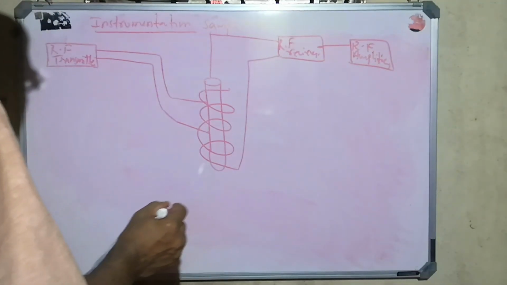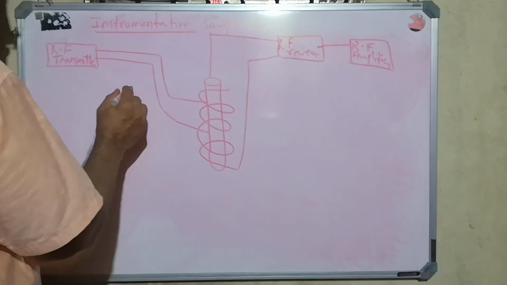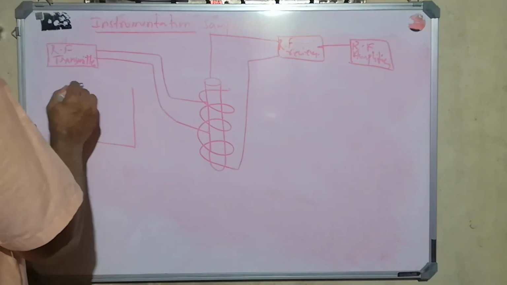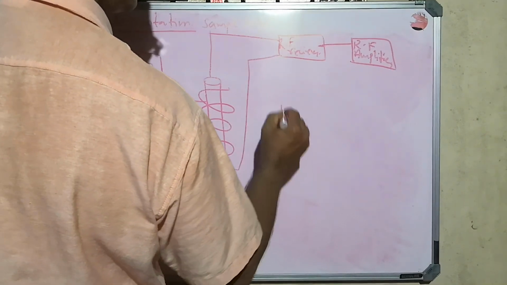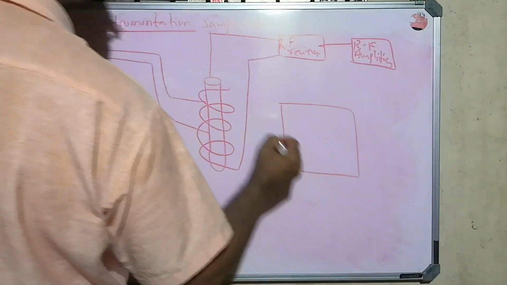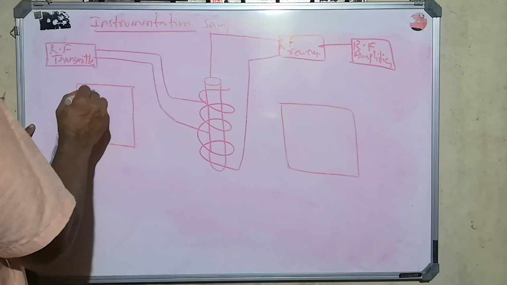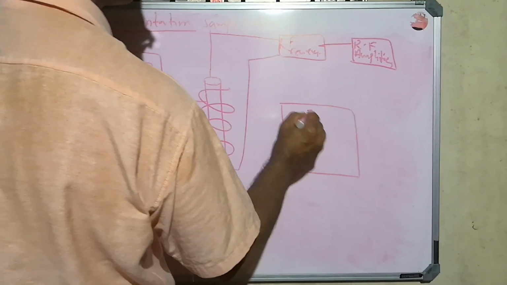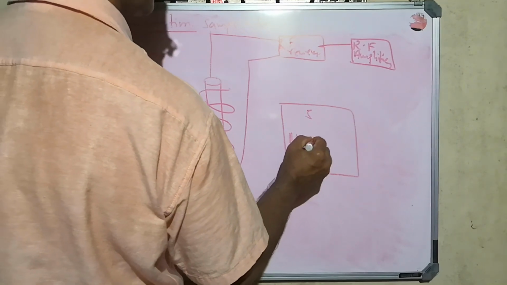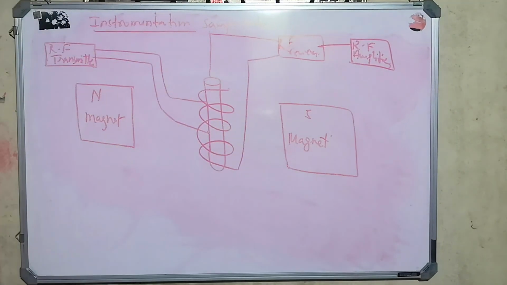For producing the static magnetic field, you have a powerful homogeneous electromagnet.